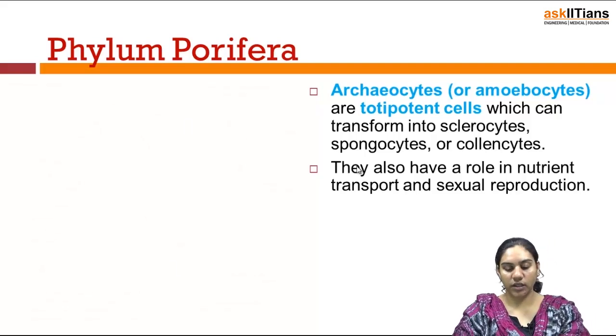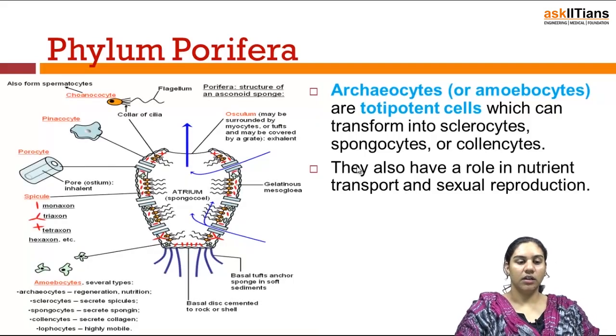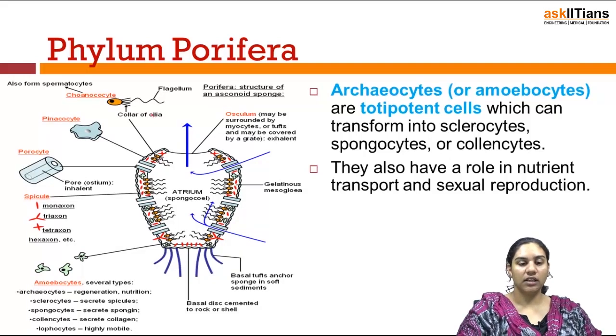In this diagram you can see the arrangement of the various cells that are present in the sponge body. Here, the spongocele and osculum are shown. The osculum is surrounded by myocytes, tufts, or it may be covered by a grate also, and it is exhalent in nature.